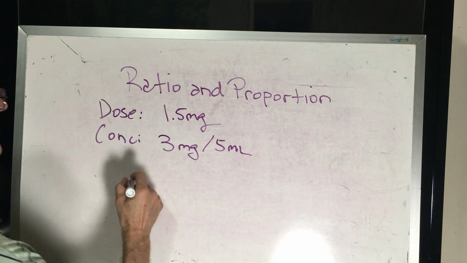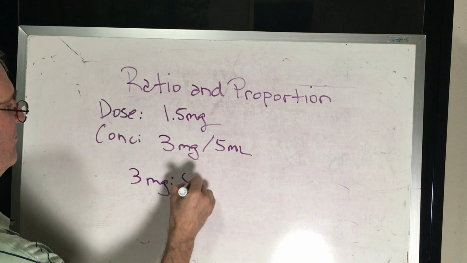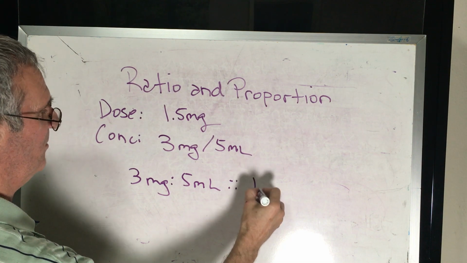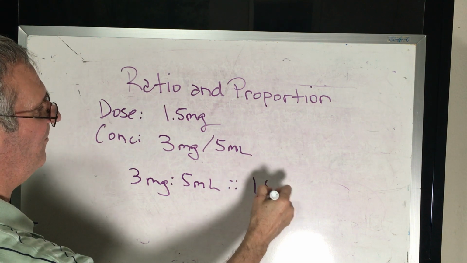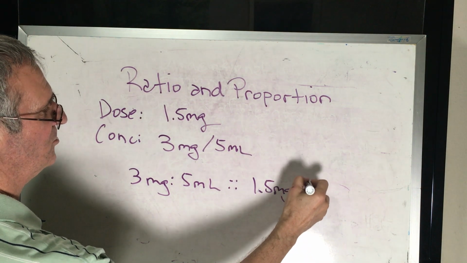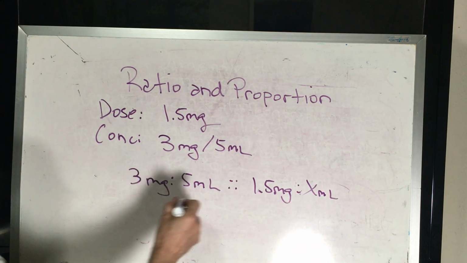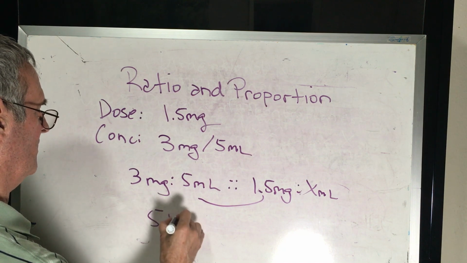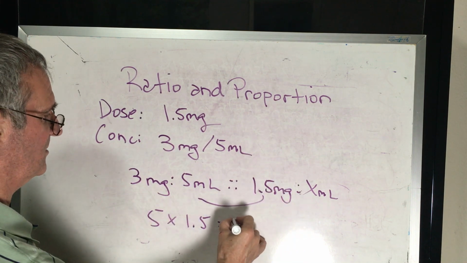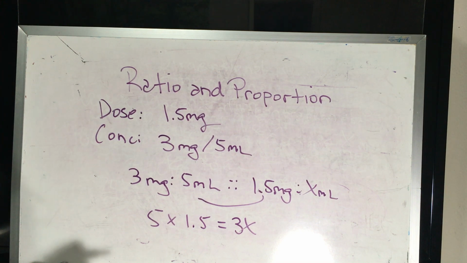So I'm going to take 3 milligrams is to 5 milliliters as 1.5 milligrams is to X milliliters. Again, multiply these. That's 5 times 1.5 is equal to 3 times X. So 5 times 1.5 is 7.5.